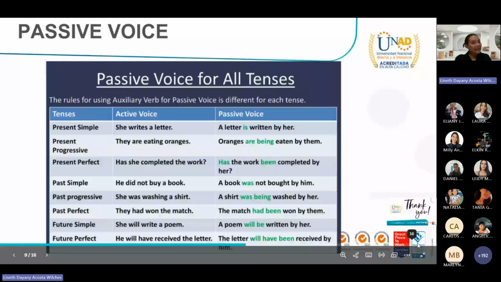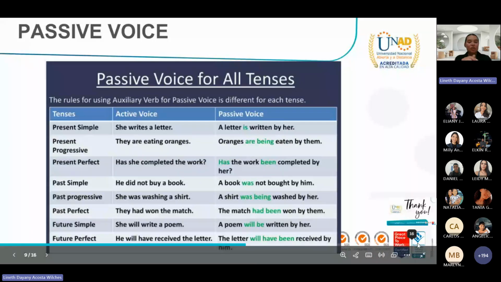A letter is written by her." If the sentence is in present simple, you need to add the verb to be in present simple, and then the past participle of the verb. There are more examples here. "They are eating oranges. Oranges are being eaten by them."